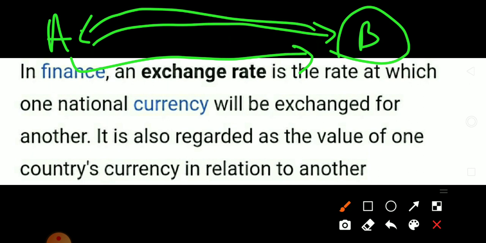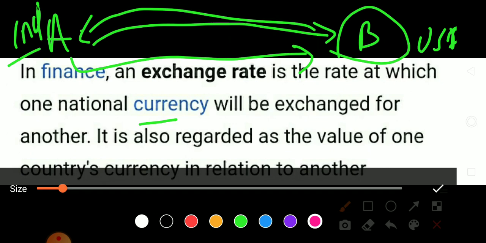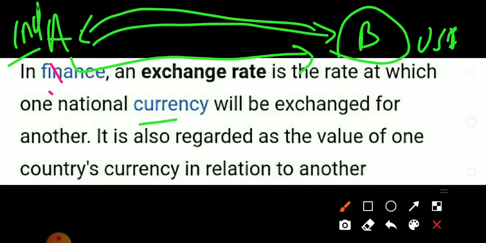So this is the condition in an exchange rate: one national currency is exchanged for another. If A is India and B is the USA, the currency of India is INR, the rupee, and the currency of the USA is the US dollar.